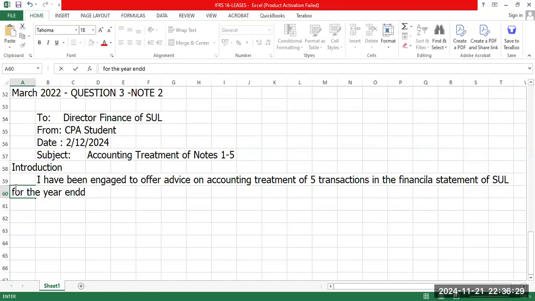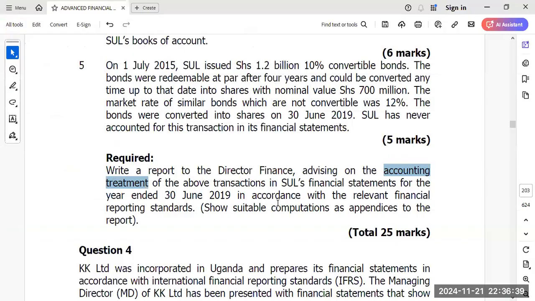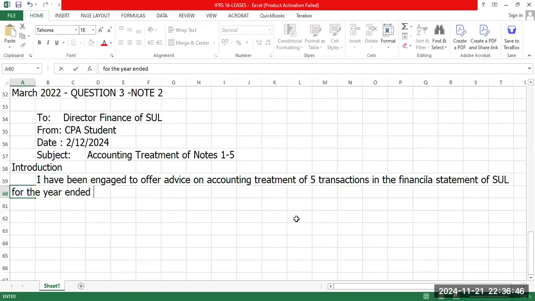A year is ending on which date? For the year ended the 30th June 2019. The advice is provided below.